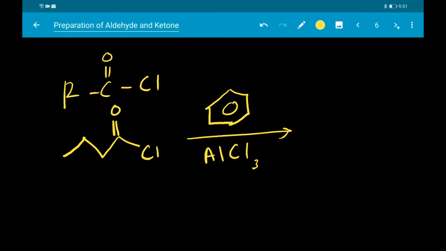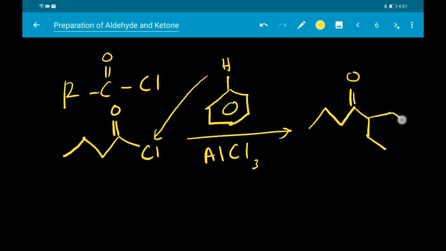The hydrogen on the benzene will be replaced by the acyl group from the butanoyl chloride. In the end, we get a four-carbon compound from the carboxylic acid derivative attached to the benzene, replacing the hydrogen, and the hydrogen attaches to the chlorine. This is the Friedel-Crafts acylation, and this is the ketone, because we have C double bond O attached to two carbons.